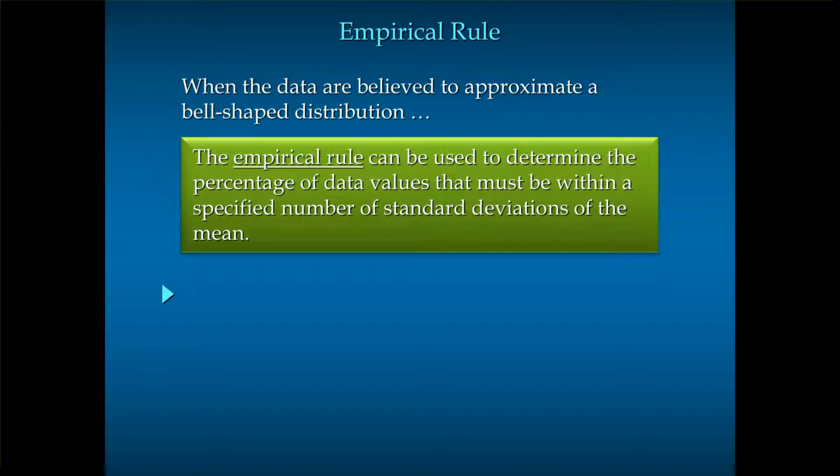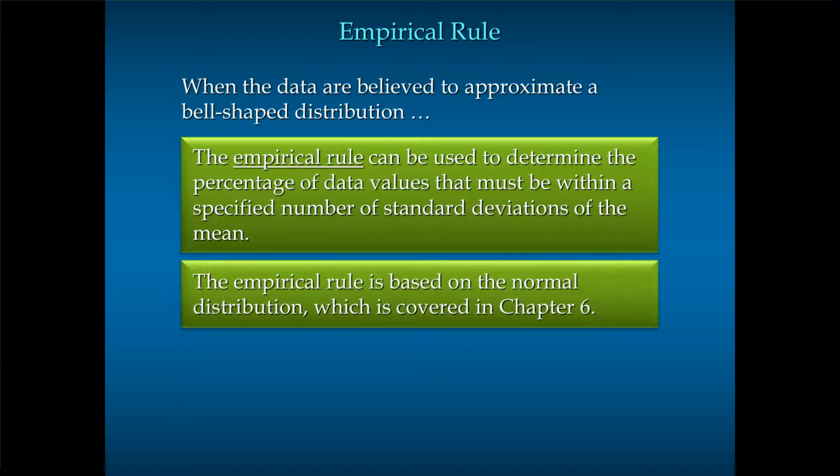The empirical rule can be used to determine the percentage of data values that must be within a specified number of standard deviations of the mean. Actually, this empirical rule is a more practical rule compared with the Chebyshev theorem, but it is derived from the Chebyshev theorem.